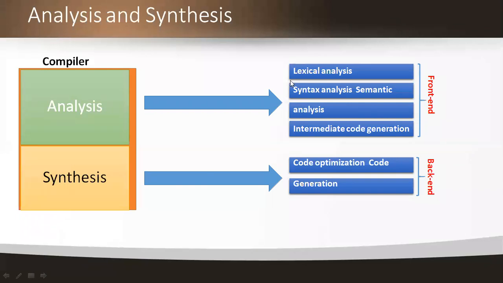Analysis phase. Here I have the front end represented with a red mark, and another one is the back end. In the slide we have two ends, front end and back end, in red color.